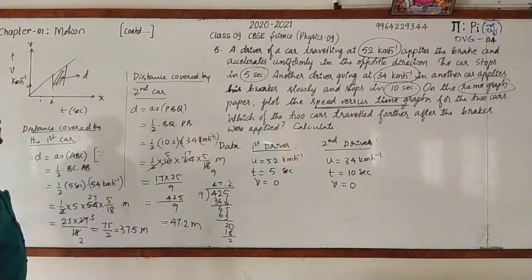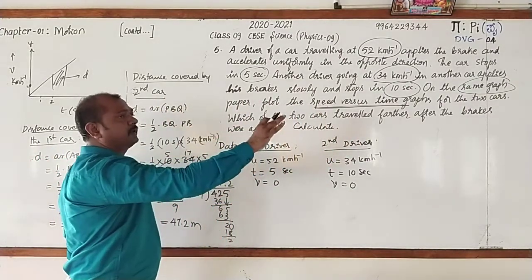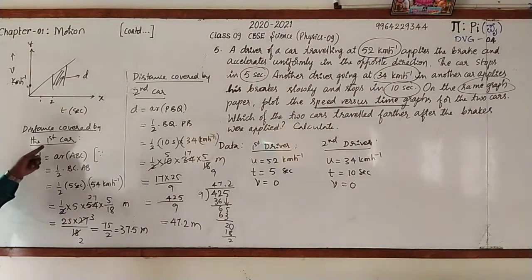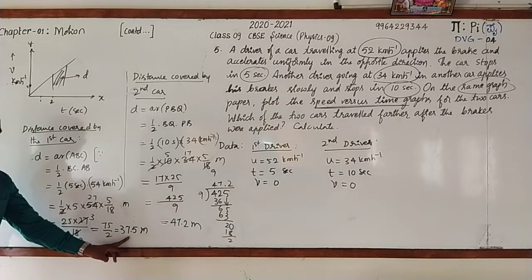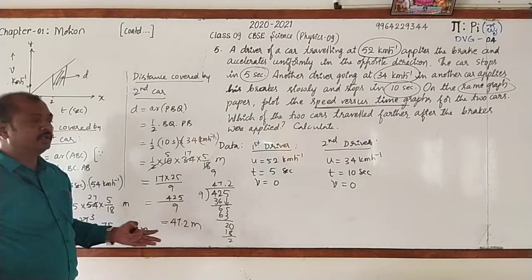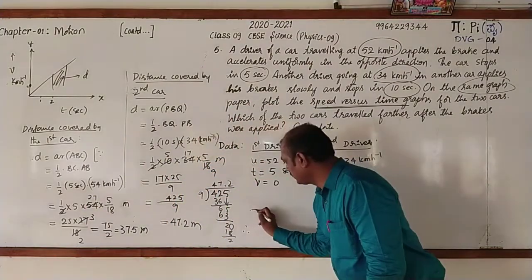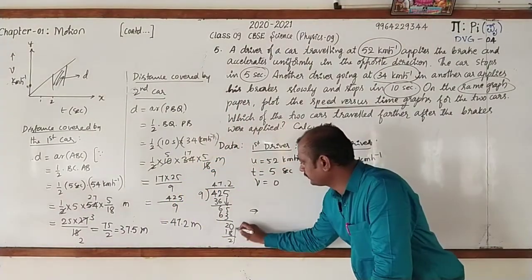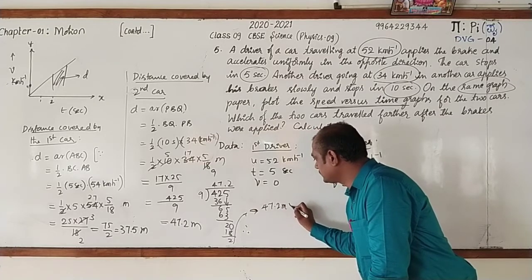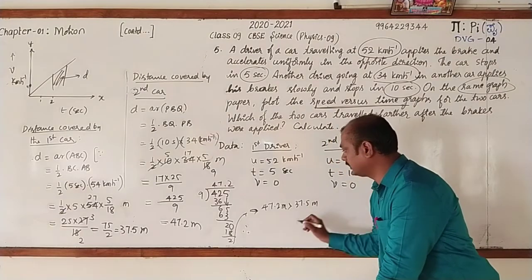Now, let's go for answering. Which of the two cars traveled farther, covered more distance after the brakes were applied? First car has covered 37.5 meters. Second car has covered 47.2. Hence, you can conclude that, first I will go for comparing. 47.2 meter is greater than 37.5 meter.